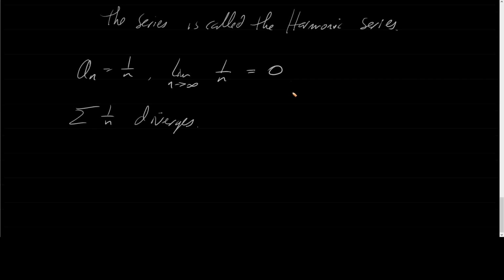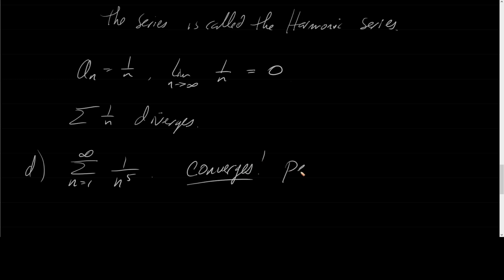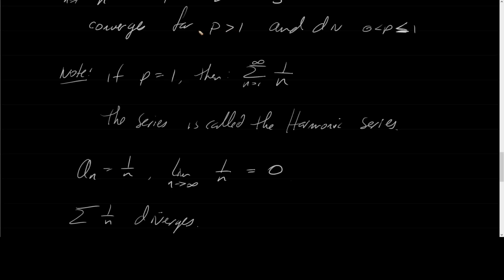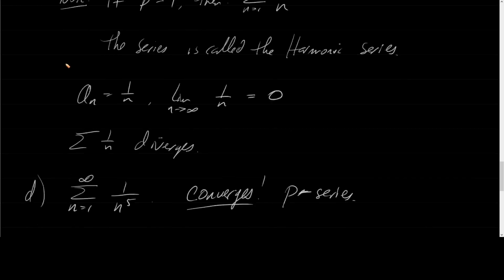All right, so now that allows us to do some quick examples. If I have, for example, the series from 1 to infinity of 1 over n to the fifth, if I'm asking whether it converges or diverges, I know right away that it converges because it's a p-series, and here our p is 5, and 5 is greater than 1, so it converges.